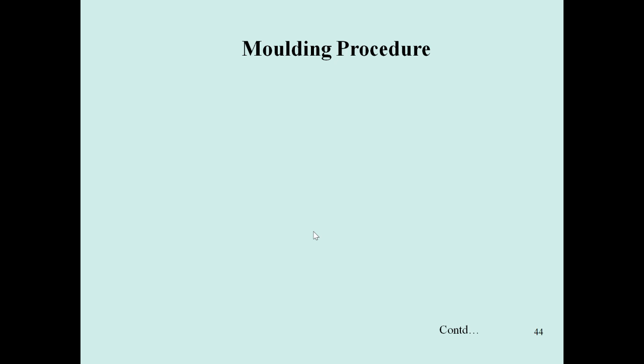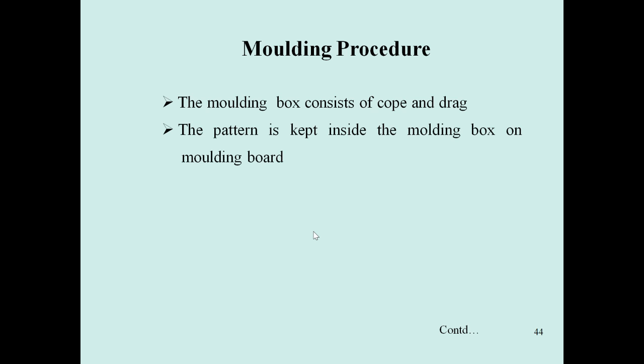Next will be the molding procedure. What is the procedure to prepare a mold? The molding box consists of cope and drag. The pattern is kept inside the molding box on the molding board.